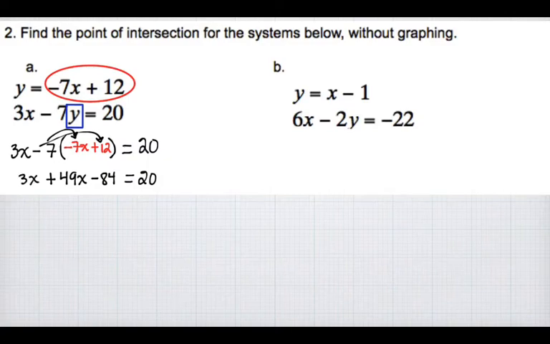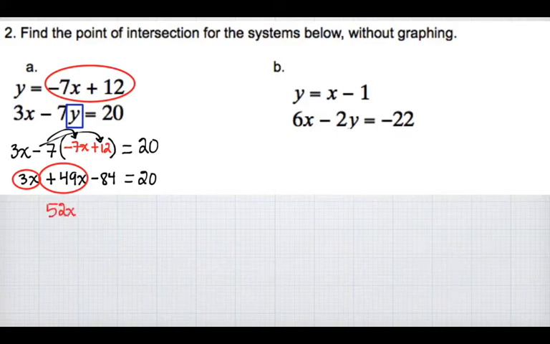Okay, so let's continue with the order of operations. We finished multiplication. I don't see any division here whatsoever. Addition, yeah, I can add 3x and I can add 49x to that because they are like terms. So I'll take 3x, add that to 49x, and I'm going to get 52x.